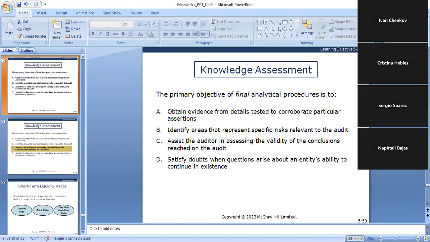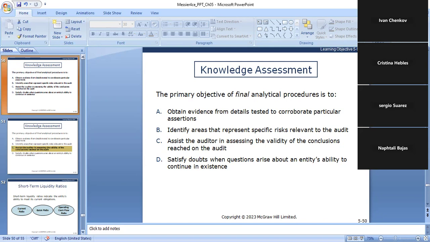Any ideas? B, maybe? B? Identify areas that represent specific risks relevant to the audit.